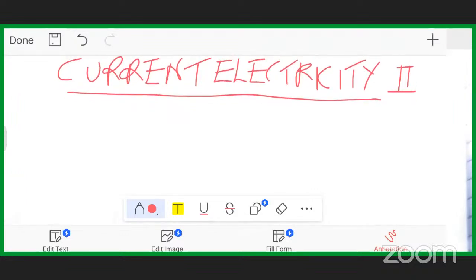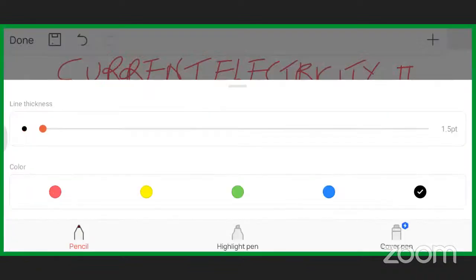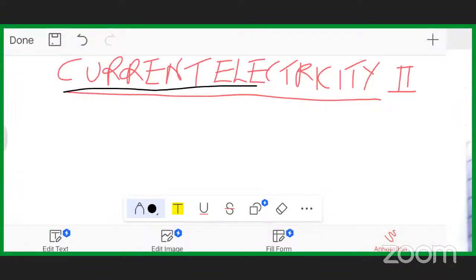Before the definition, our topic is current electricity 2. This follows current electricity 1 that we did in Form 1, what we normally call cells and simple circuits. It introduces us to the concept of electricity, but at that point we looked at static electricity, where charges are built up on a surface but are not moving.